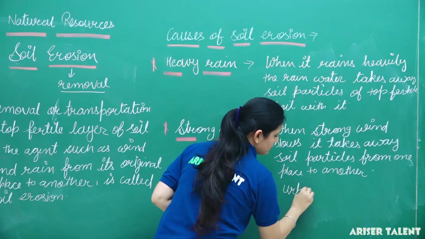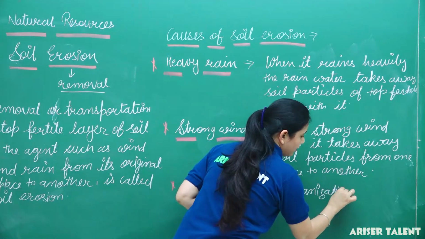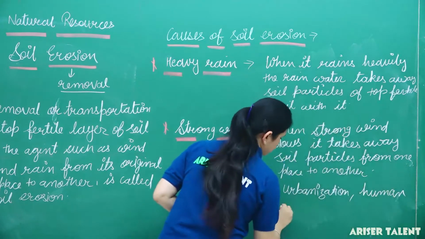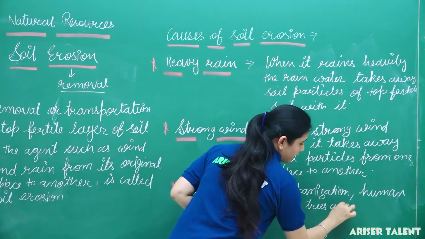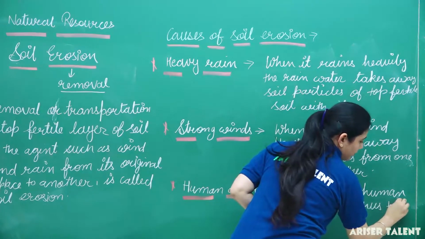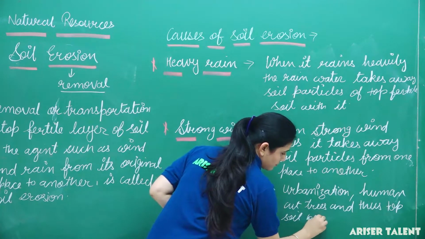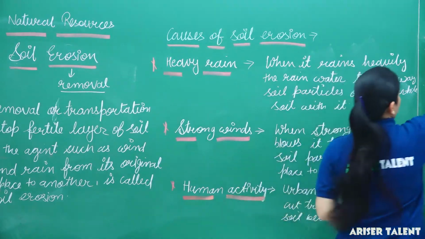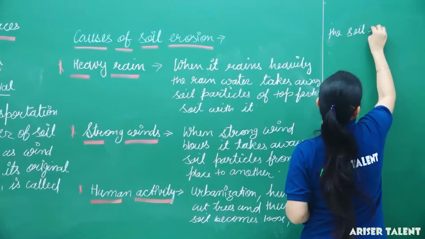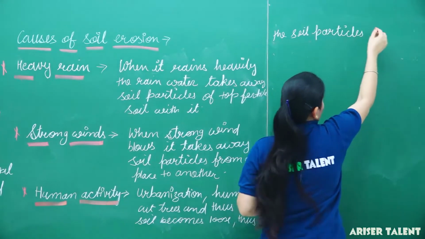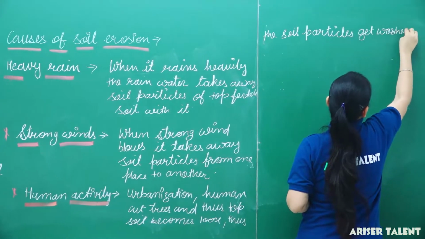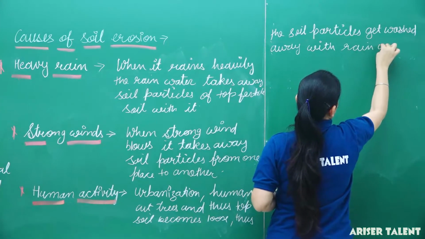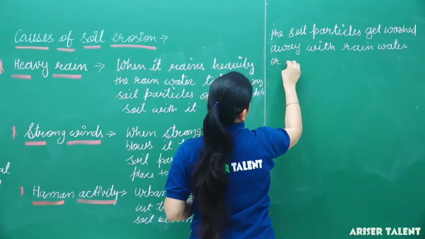Like urbanization. For urbanization, humans cut trees and thus the topsoil becomes loose, and thus the soil particles get washed away with rainwater or winds.